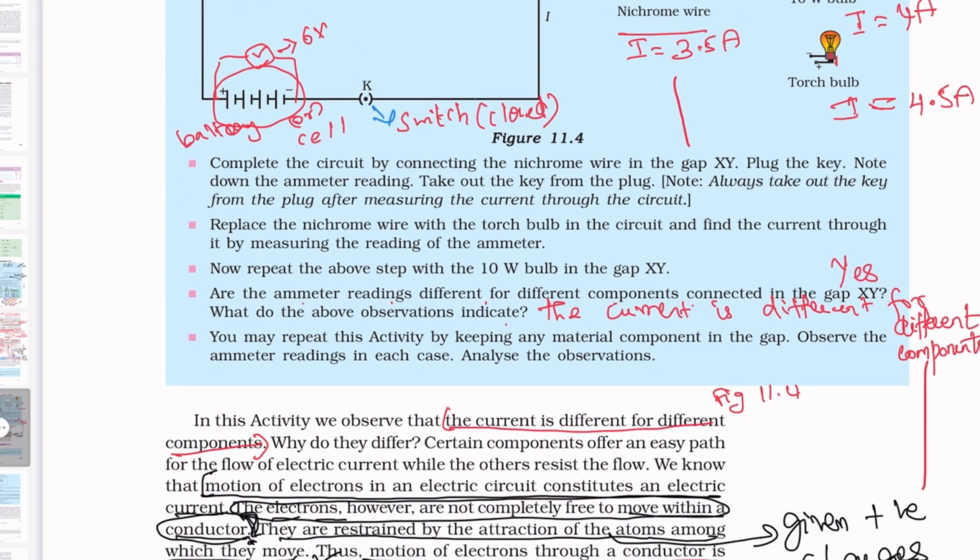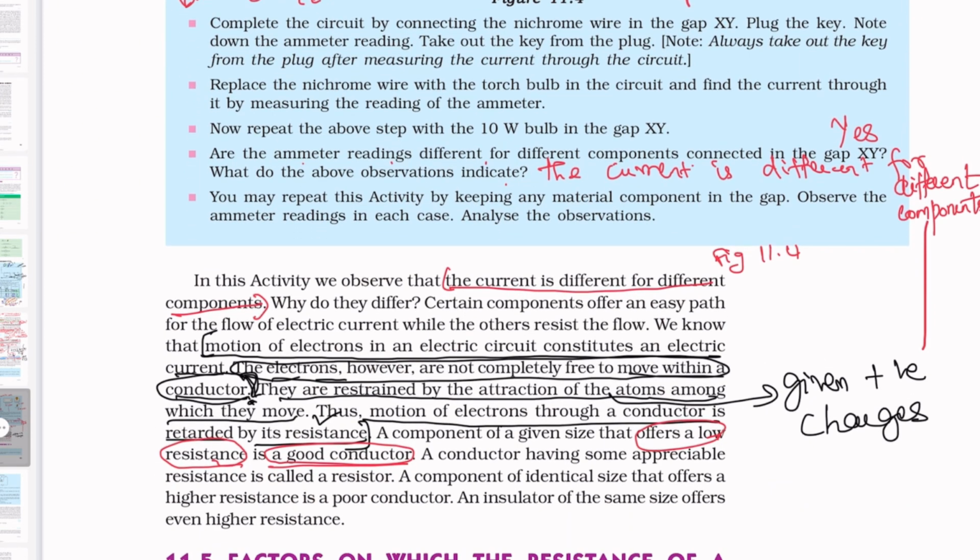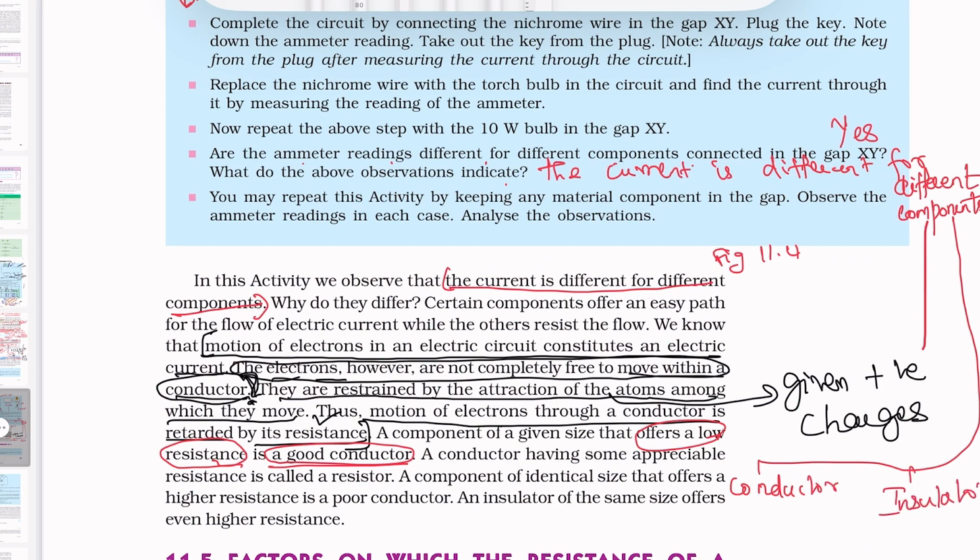Now, based on this observation, we know that there are different types of materials. Different components, we say it is a conductor. It can be an insulator also. In a conductor, we know it allows the current to flow easily.